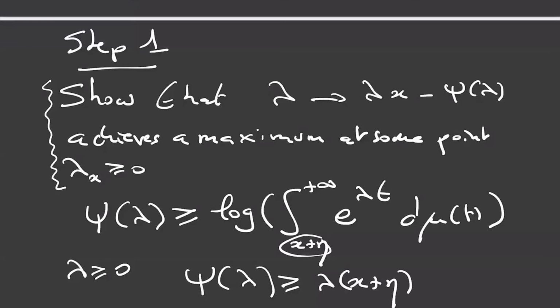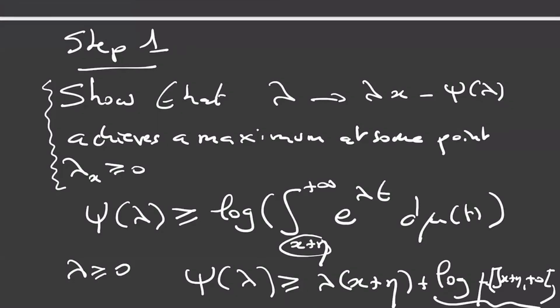And when you take the log, this gives plus the log of the measure of x plus eta to plus infinity, which is not infinite, because we know that the measure of this interval is positive.